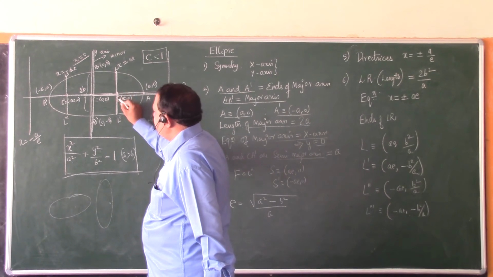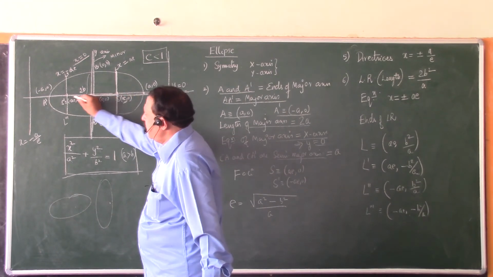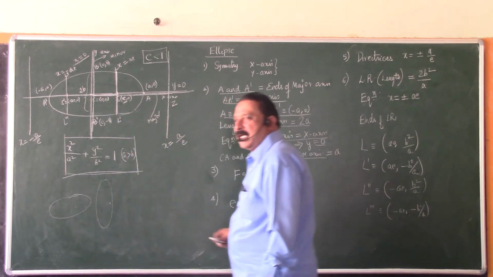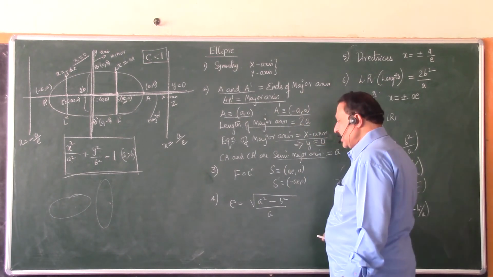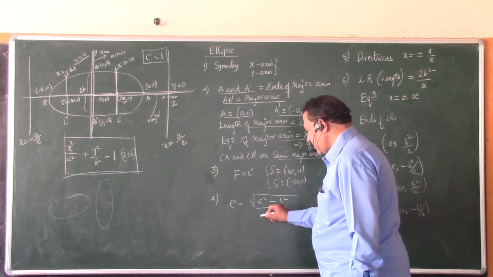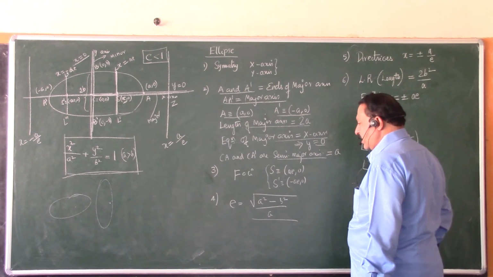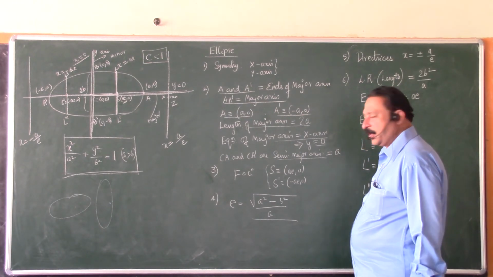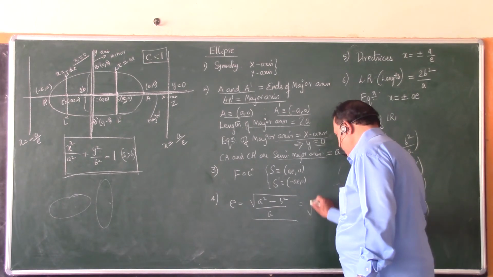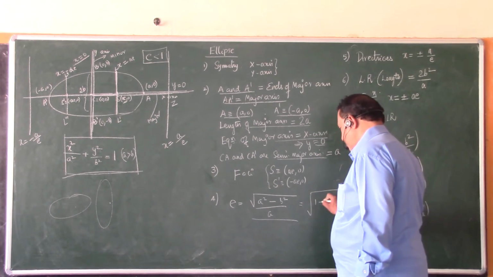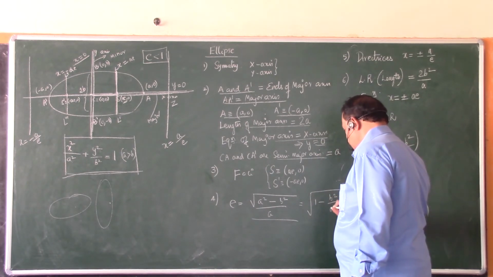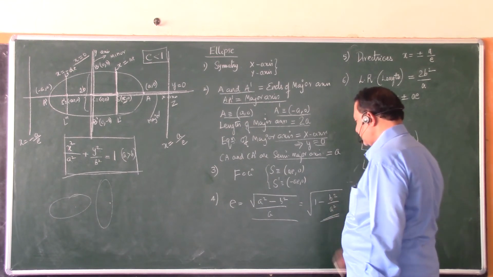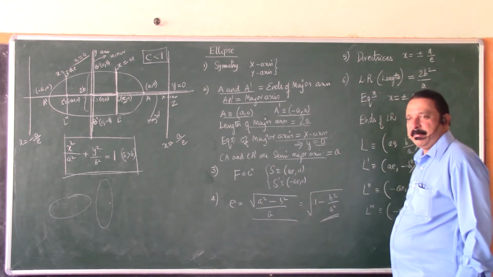The coordinates of the first focus are (ae, 0), and that of the second focus are (minus ae, 0), where e is the eccentricity, which is given by the formula square root of a square minus b square divided by a, or which can also be written as root of 1 minus b square by a square. Both these formulas are the same.